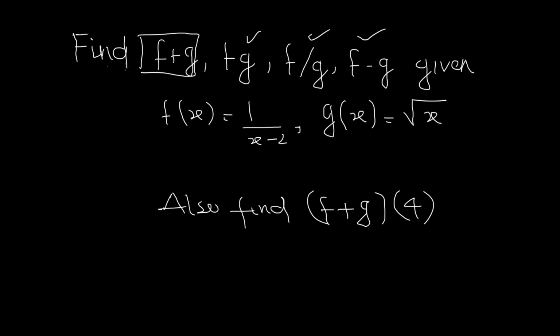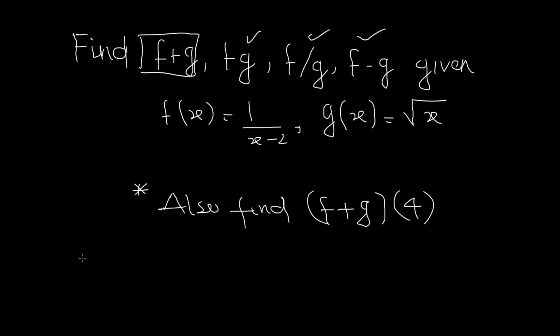And so they're saying find f plus g of x, given that f of x is 1 over x minus 2, then g(x) is root x. And they're asking us also to find this value here.